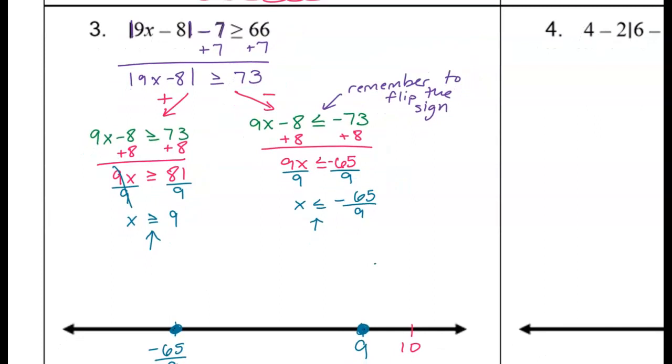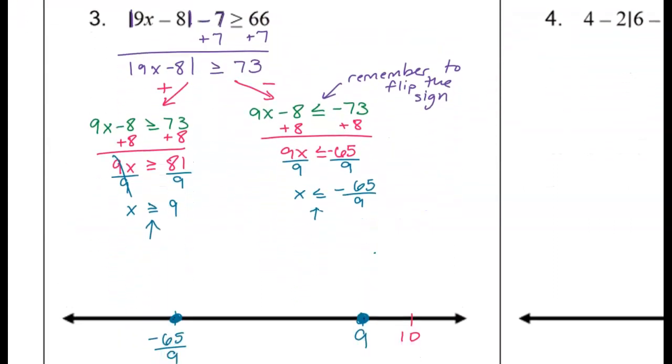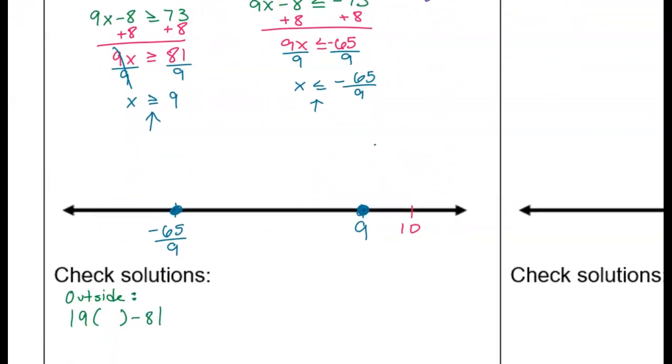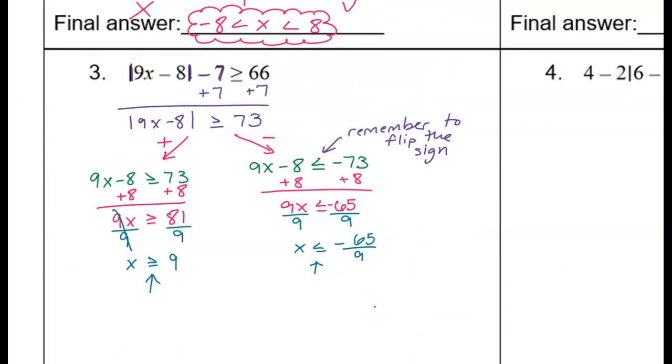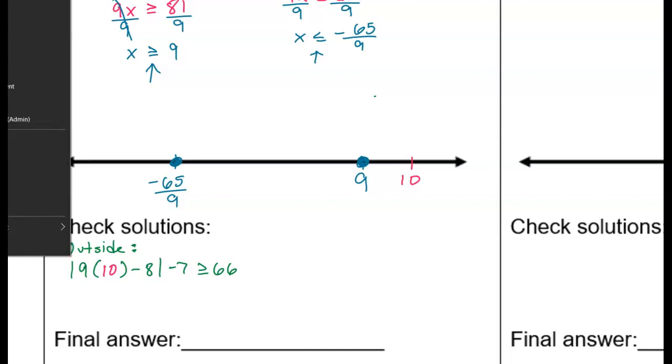My original is the absolute value of 9x minus 8, minus 7, is greater than or equal to 66. And I'm going to substitute some random number outside of my boundary points. So I'm going to substitute 10. Again, you can choose any number you want as long as it's on the outside of my 2 points.